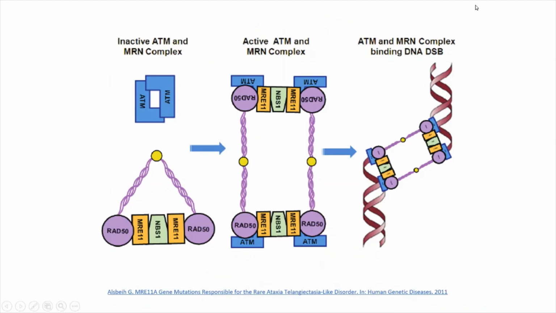Here we can see the V-shaped RAD50, which is then opened up to form a dimer of the MRN complex with the ATM dimer also activated. And this is the overall structure of how ATM and the MRN complex together, bound to the DNA double-strand break, bring about the repair.